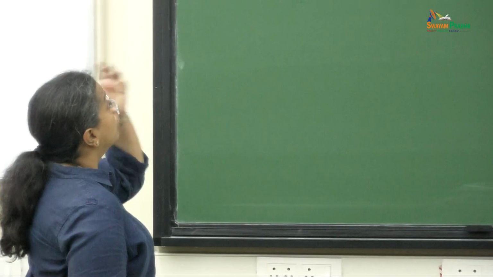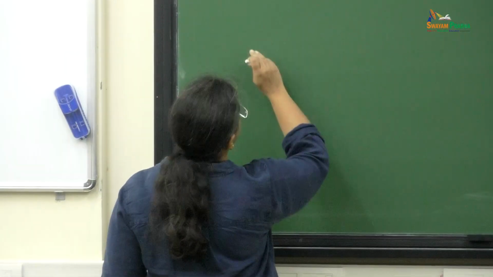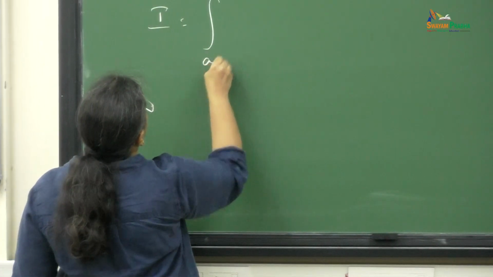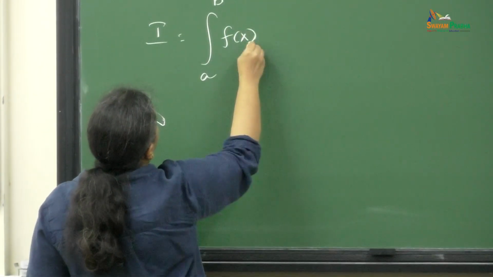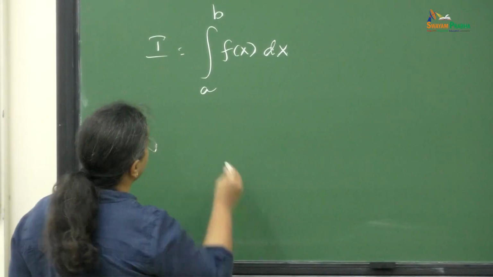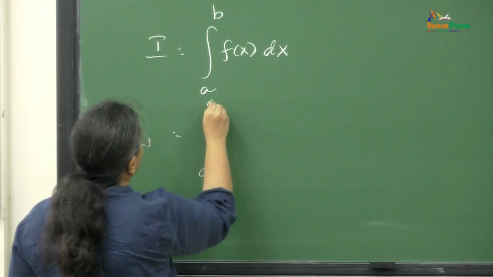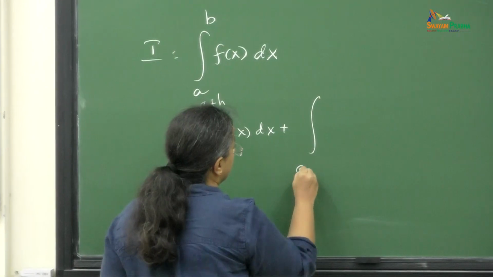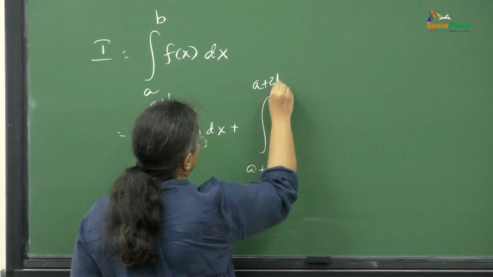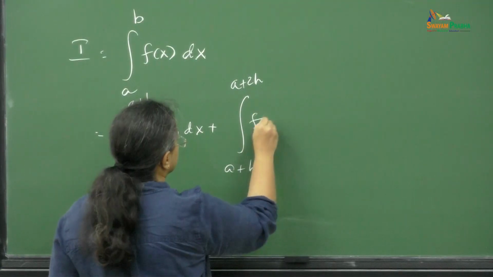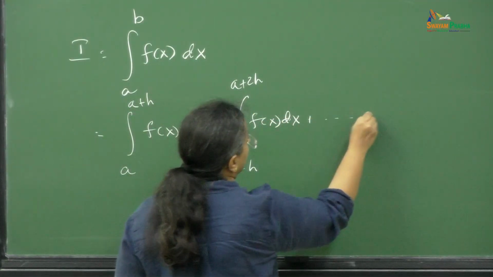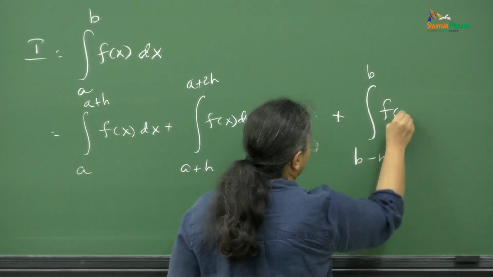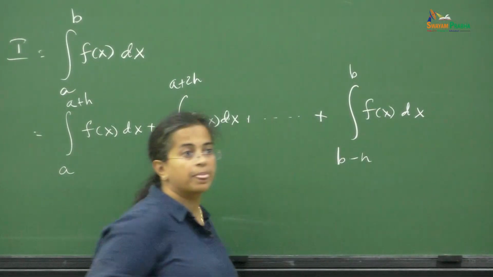Now, first let's do the simplest thing. Take this entire integral I, which goes from a to b, f of x dx. I can write it as the integral from a to a plus h of f of x dx, plus the integral from a plus h to a plus 2h of f of x dx, plus etc., up to the integral from b minus h to b of f of x dx.